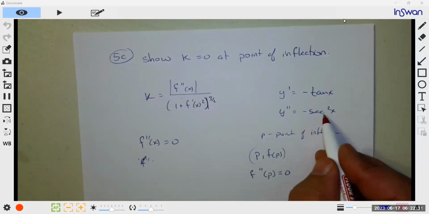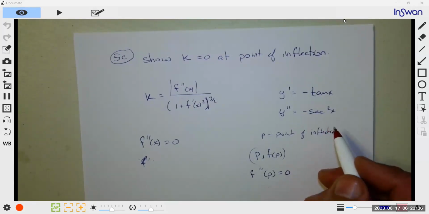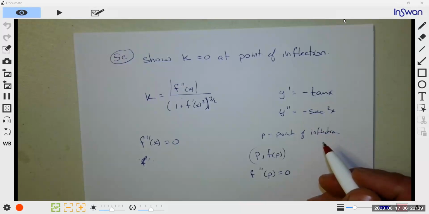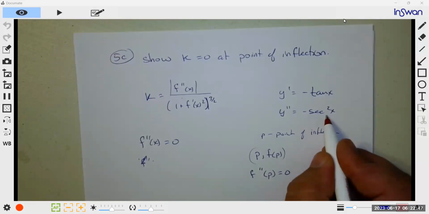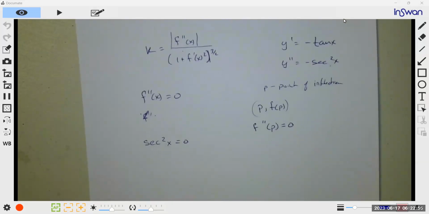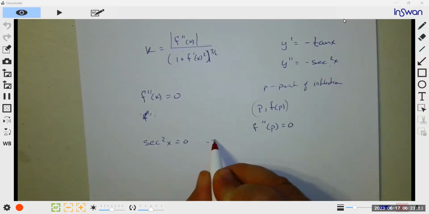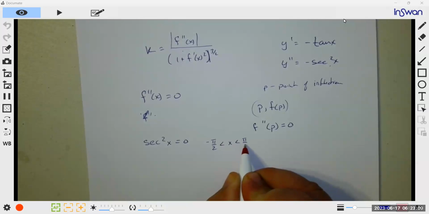So in our example, our second derivative was negative secant squared. So where's the secant? Can't, because it's bounded by negative pi over 2 and pi over 2. Those are the asymptotes.